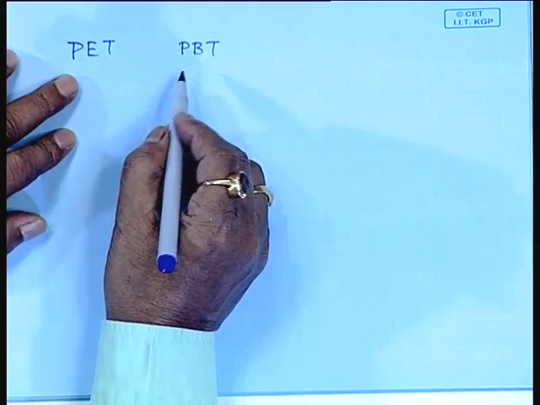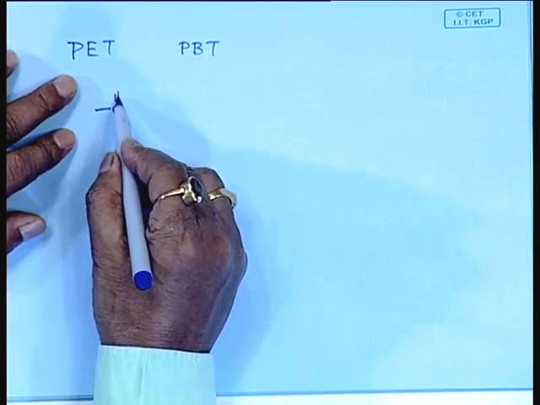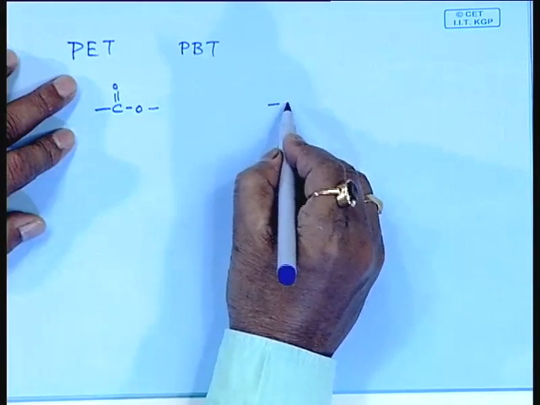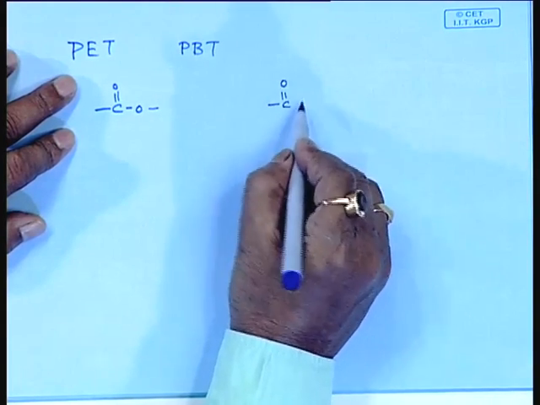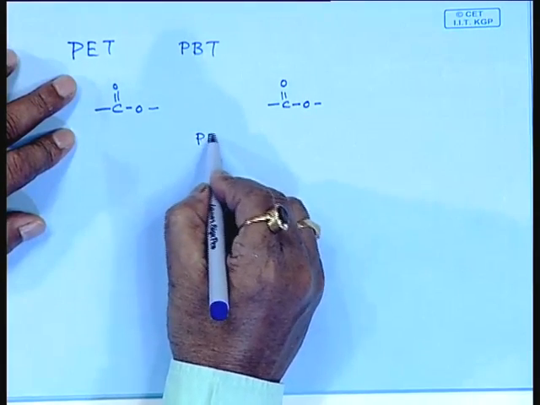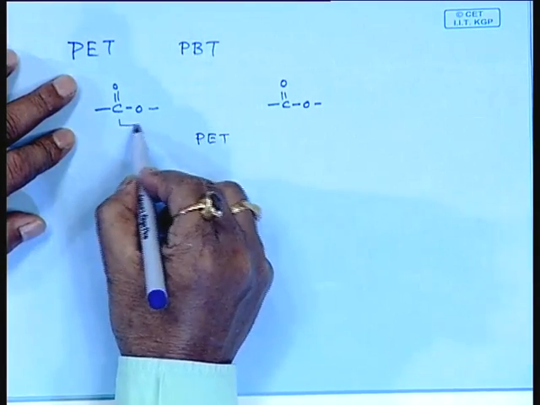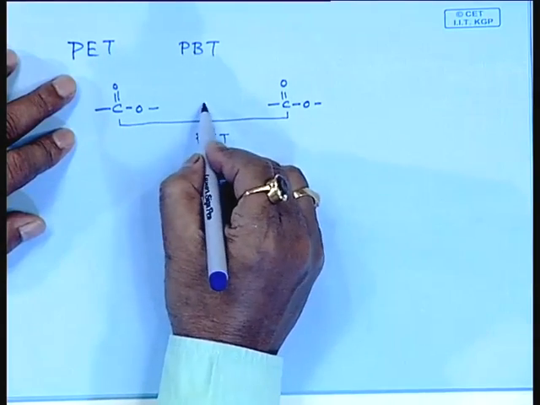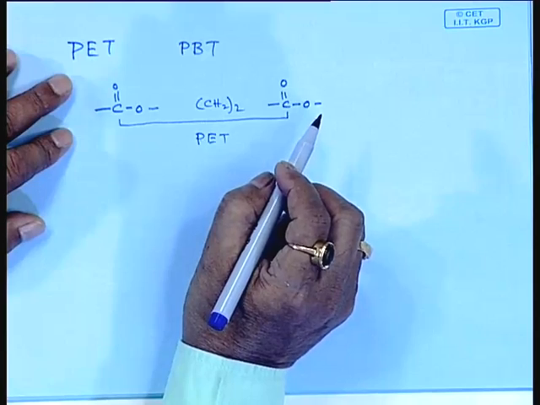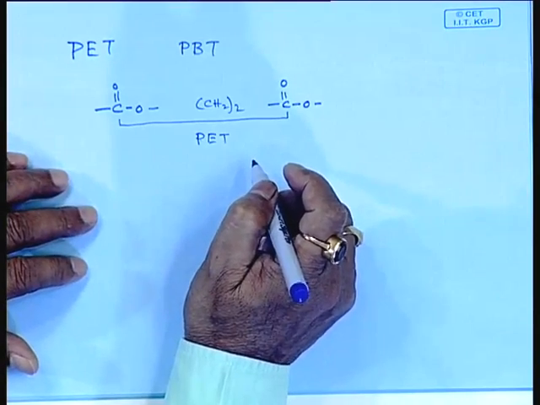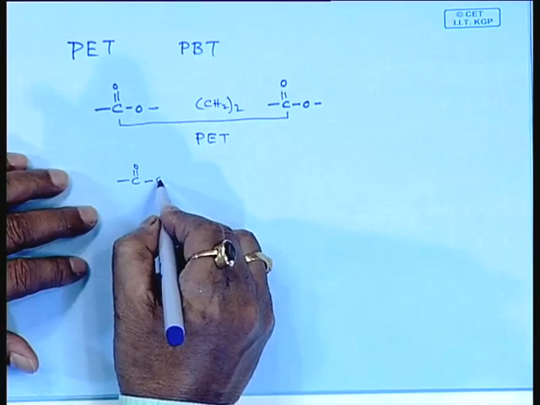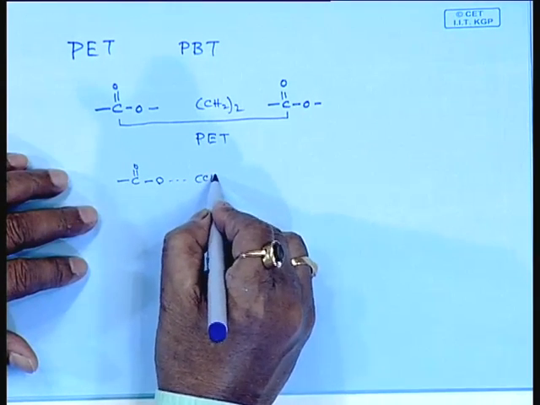Obviously, the distance between 2 ester groups here, say suppose this is the case of PET, this is the distance, in between there is CH2 whole 2, and in case of PBT, CH2 whole 4.